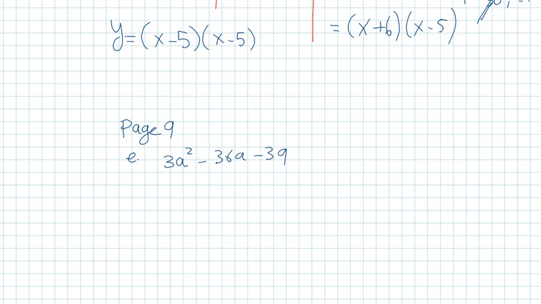I can divide 26 by 3. I can divide 39 by 3. Right? So 3 is my greatest common factor. Do we all agree with that? Yes. Do we remember that I pull out the 3 and I divide each term by 3? You remember that from the first lesson of factoring?